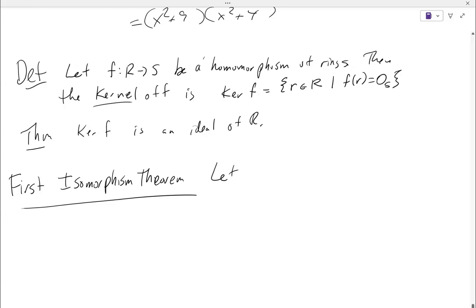So I'll use F again, since I just had F up there, although I don't particularly like using F, but I see it in the book and then I write it down. Let F be a homomorphism. This one actually says surjective in the book. That's not necessary if I state this correctly.